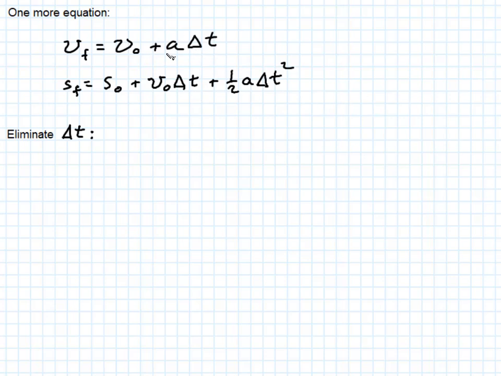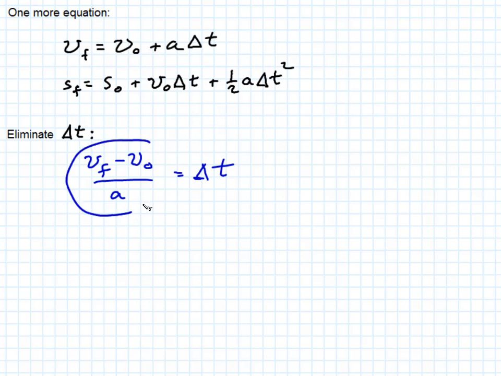So take the first equation, solve for delta t. So I have Vf minus V naught divided by a. Vf minus V naught divided by a, that gives us delta t. All right. Now I want to plug this in here in the other equation.